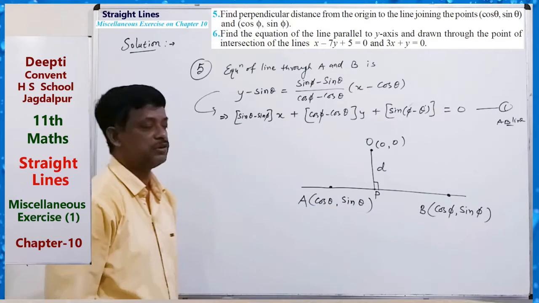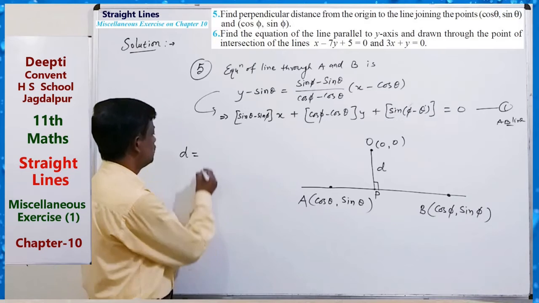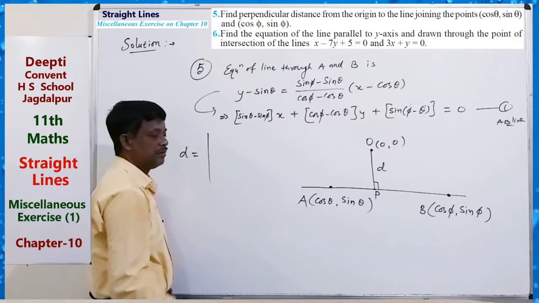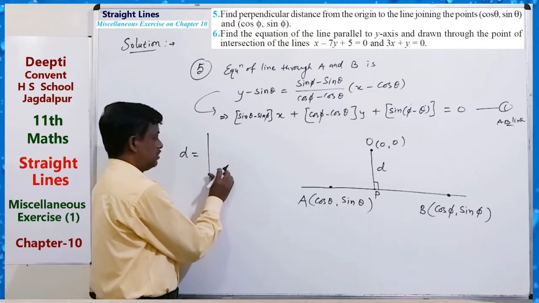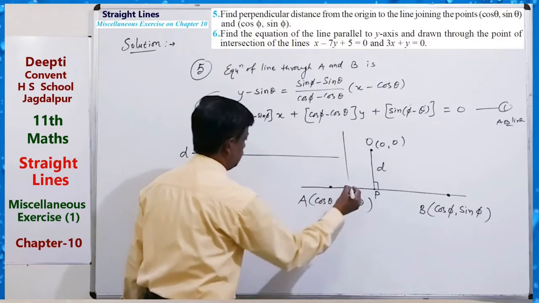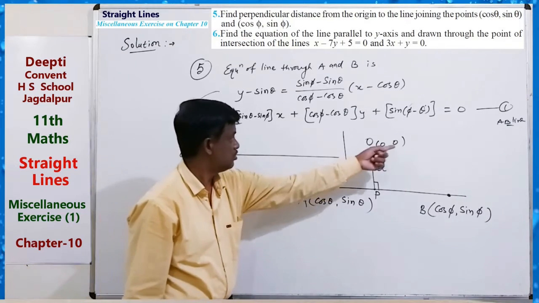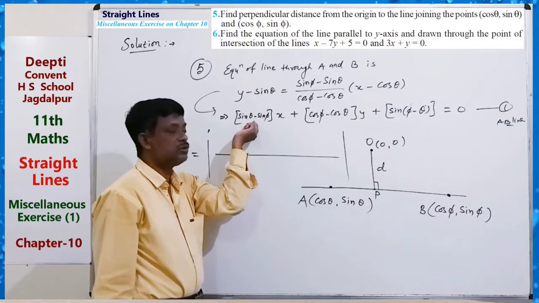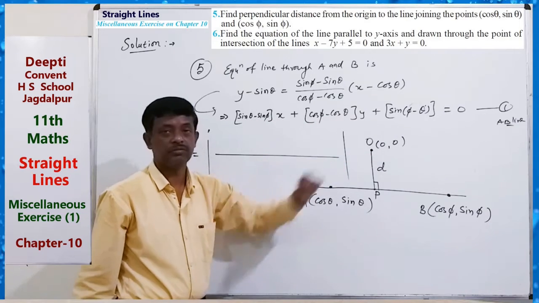Now, the distance from the origin is D equals to what? Modulus of what we have to write: 0 in place of x and 0 in place of y.